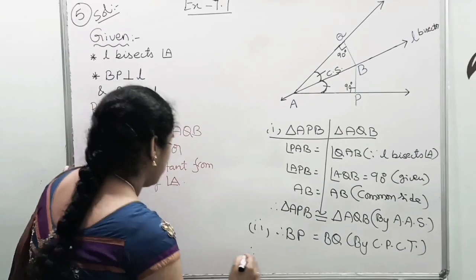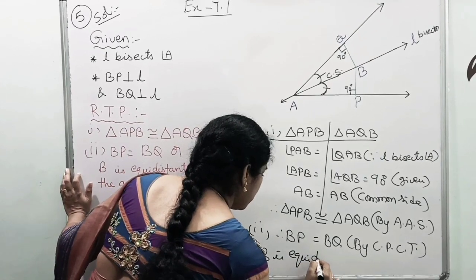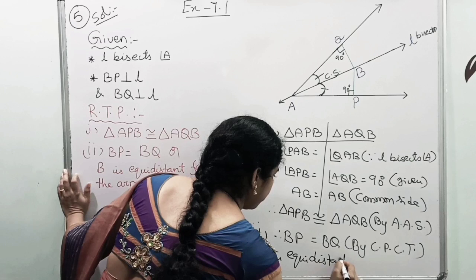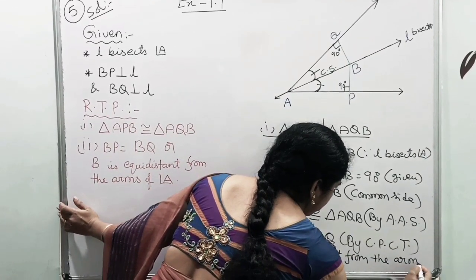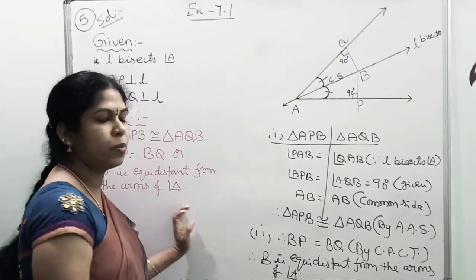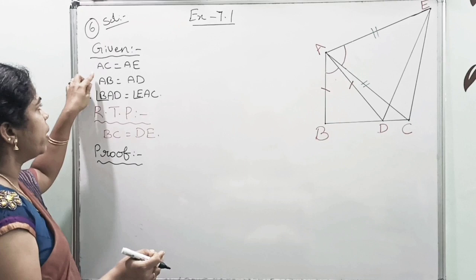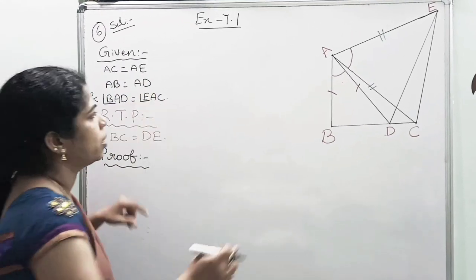Therefore, B is equidistant from the arms of angle A. Hence proved.